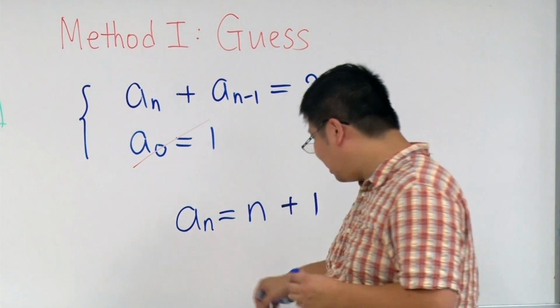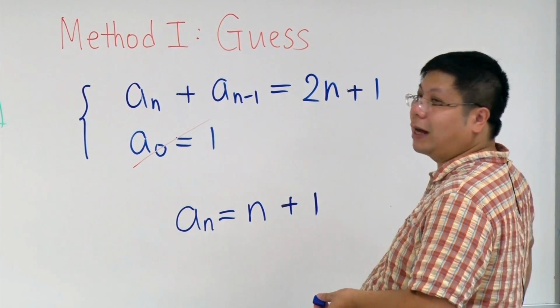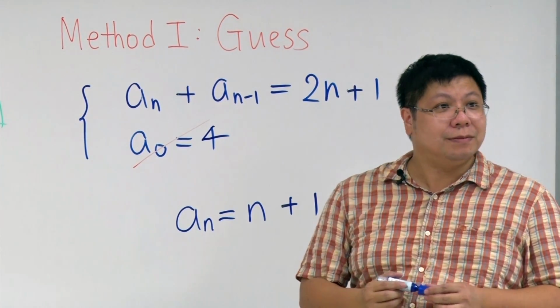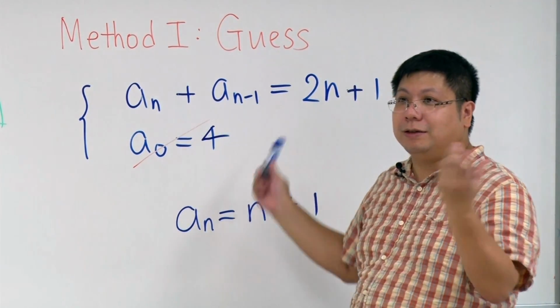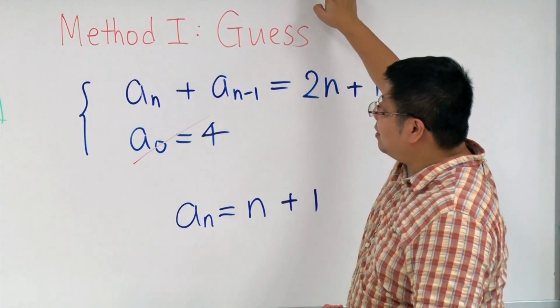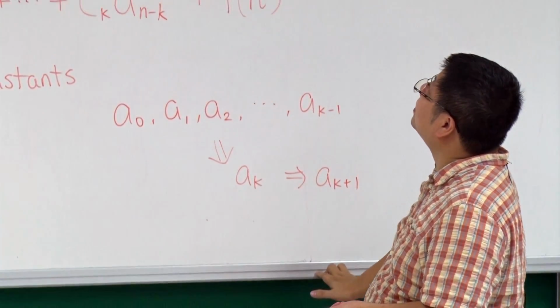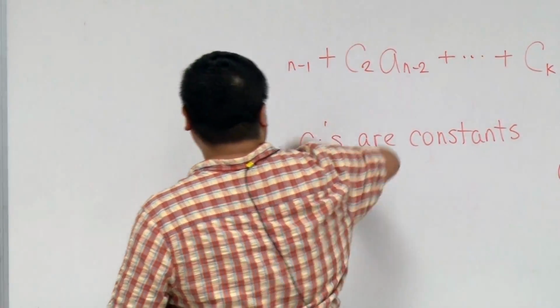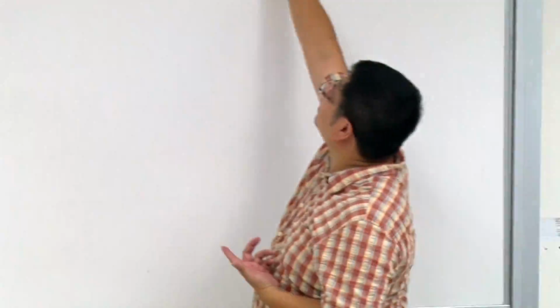But you don't get a lucky day every time. Let's say this time I ask you to solve the same thing, but with a_0 set to a different number, 4. Then what should we do? Yes, we have a different boundary condition, so we should have a different term.